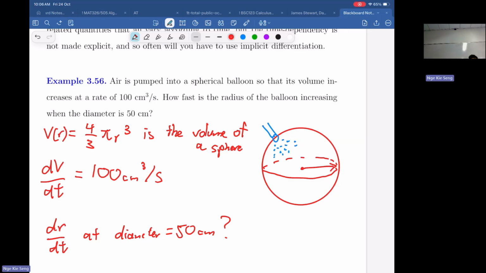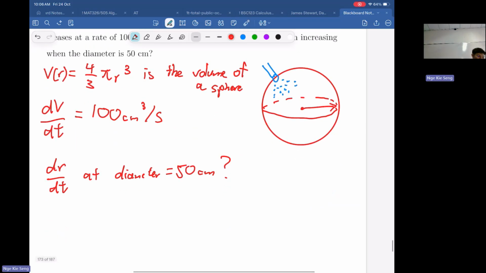So you know V in terms of r, you know dV dt, you want to find dr dt. Is it possible based on what you have learned before? You have dV dt, you have V in terms of r, you have to find dr dt. Is it possible?